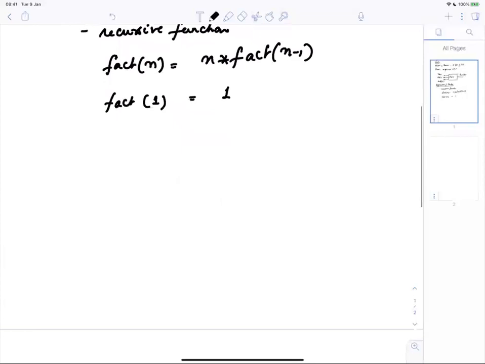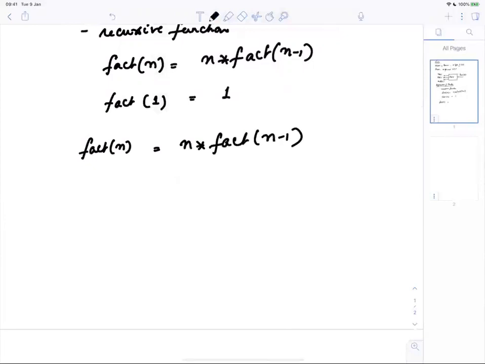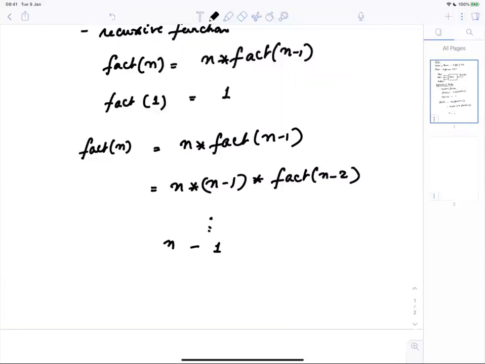Then clearly for every call, fact of n is n star fact of n minus 1, which is n star n minus 1 star fact of n minus 2, and so on. And when n becomes 1, it'll all pop back.